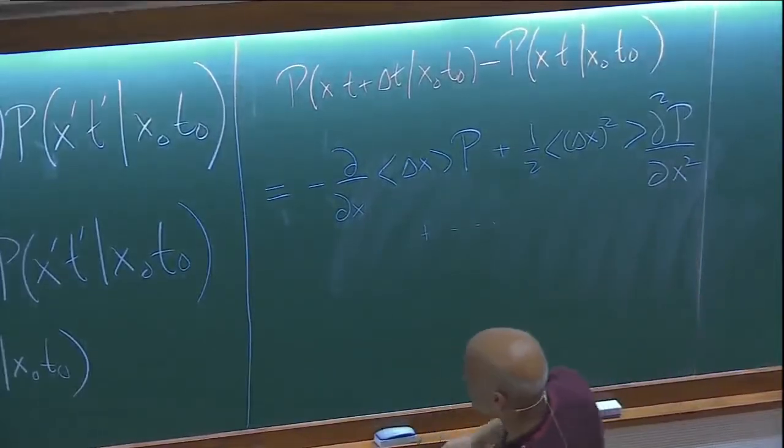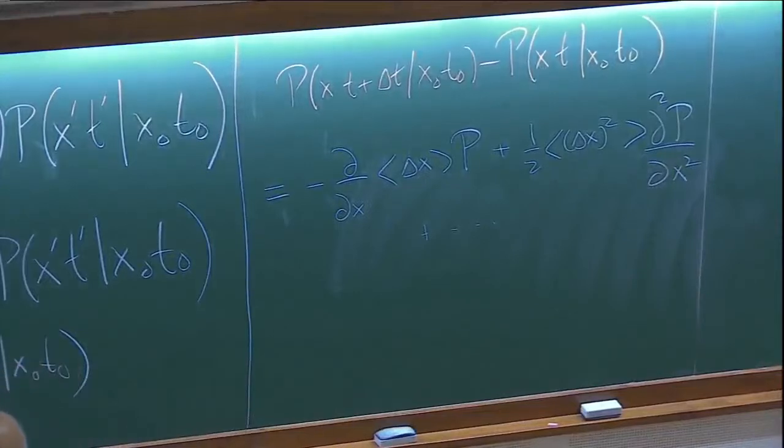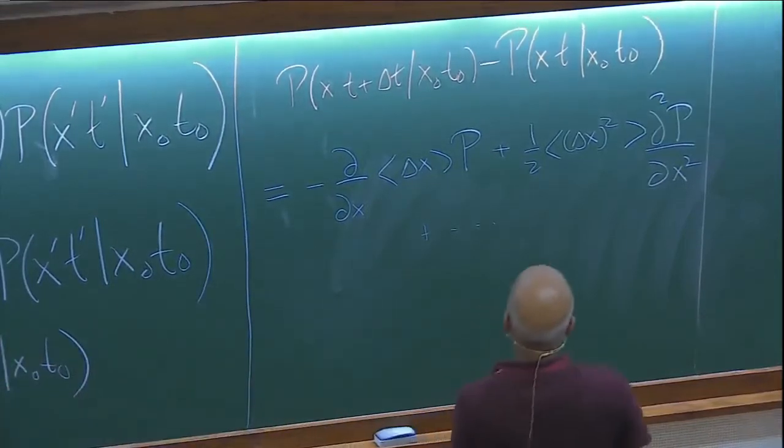What we know, which you will get, you will indulge me, just do the integral, right? And you'll get d over dx of delta x times p, etc. Okay? All right?